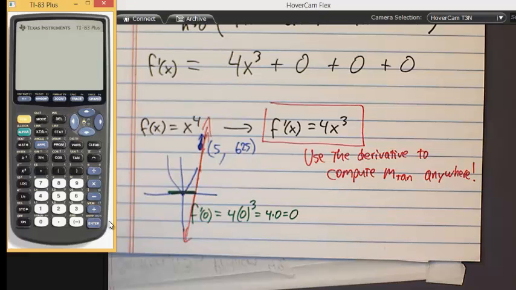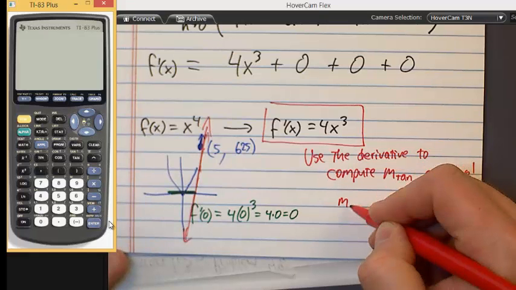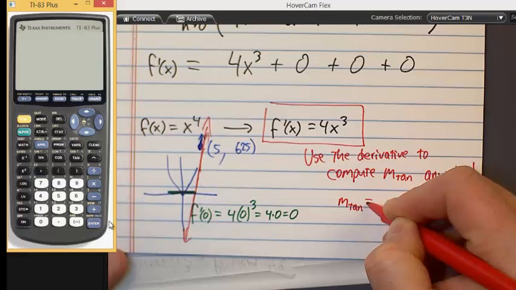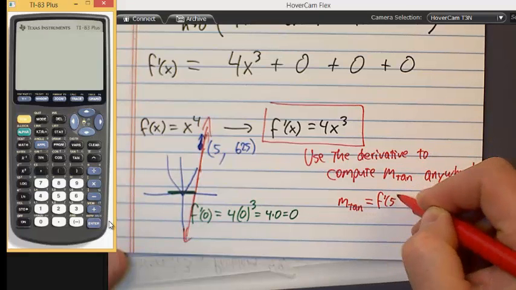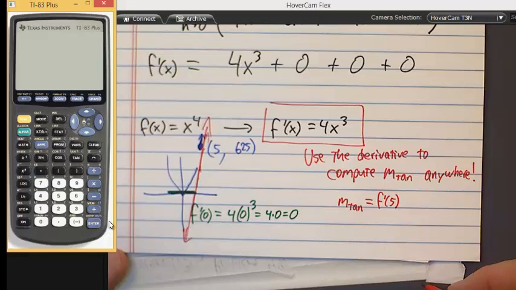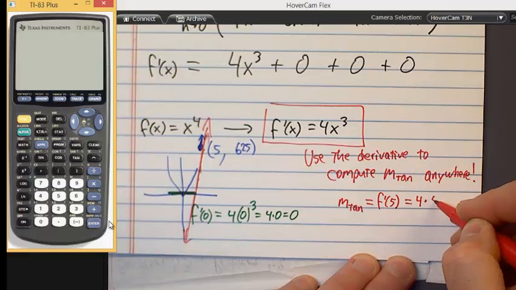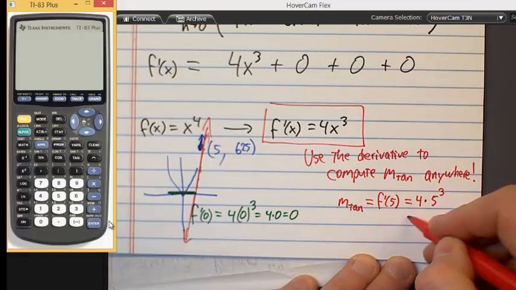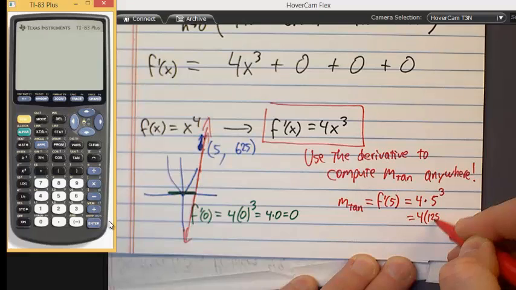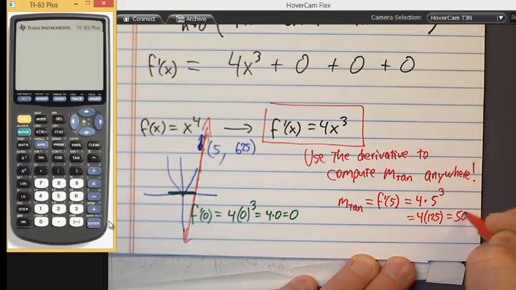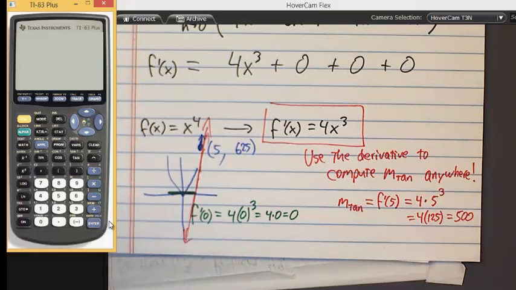So the slope of the tangent line is going to be f prime of 5, right? It's 4 times 5 cubed. So 4 times 125. Yes, it's 500. The slope is 500.